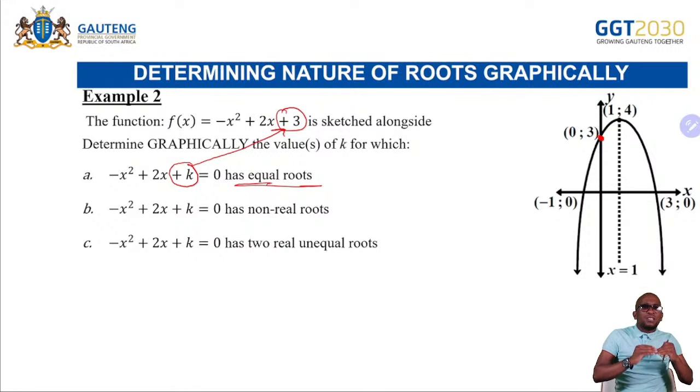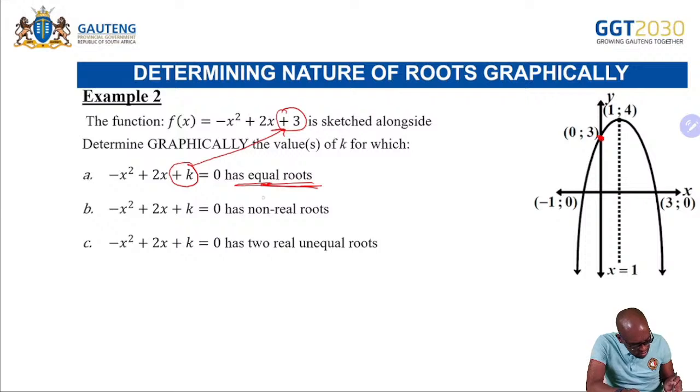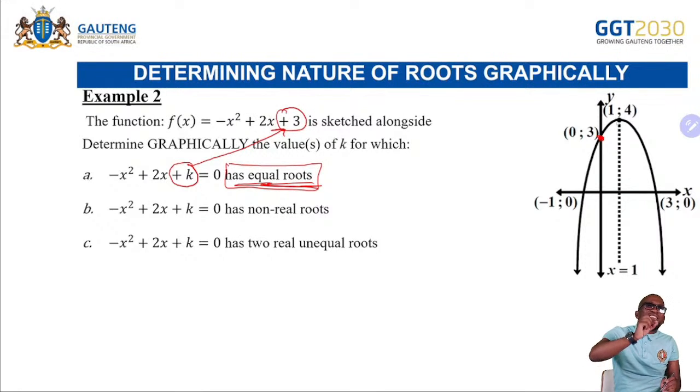So now the trick is you have to move the graph so that it has what? Equal roots, and locate, as you move it, locate the y-intercept. I'll give you an example here. They are saying it has equal roots. So we move the graph so that it will have equal roots. When will the graph have equal roots? When it cuts the x-axis.